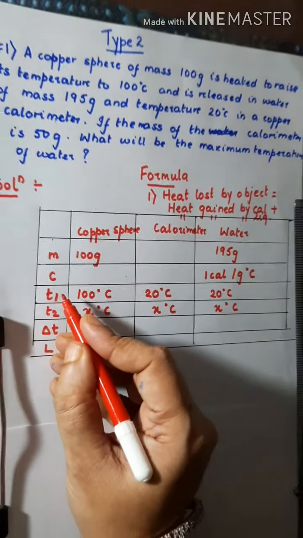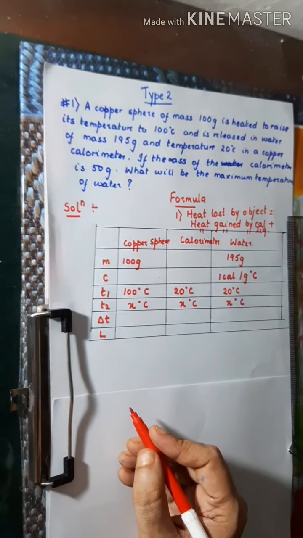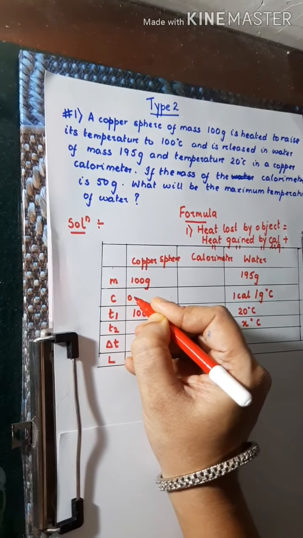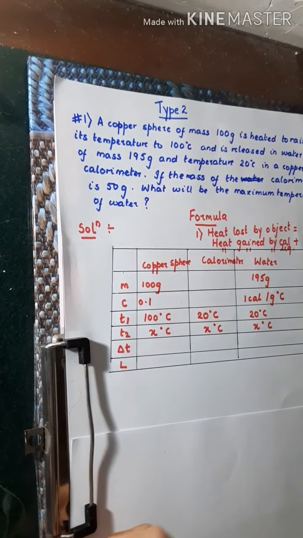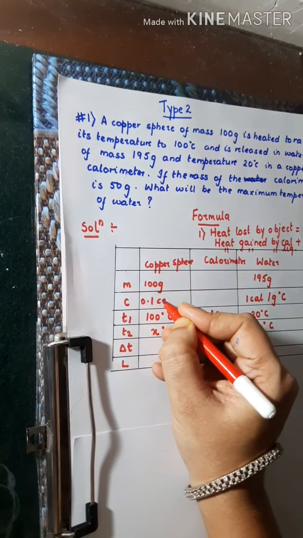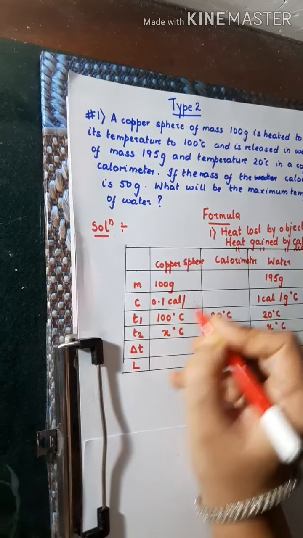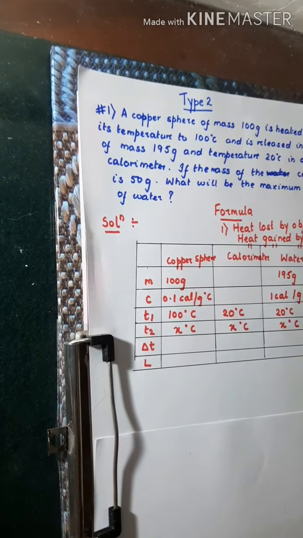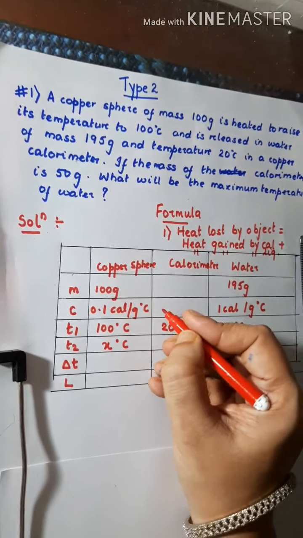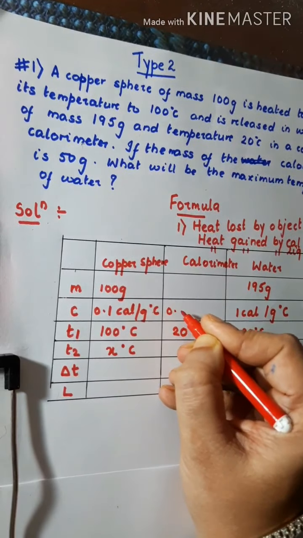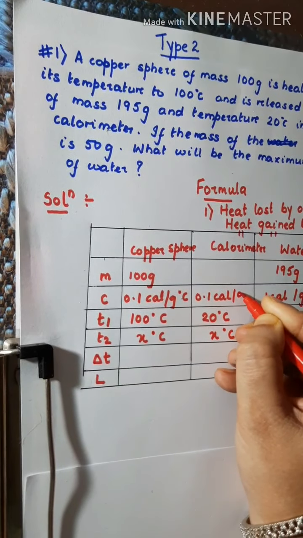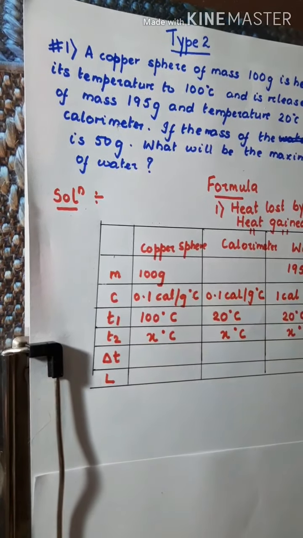Also, we should know that the copper sphere, most often they'll give it to us, but if they don't, we have to remember that it is 0.1 cal per gram degree Celsius. It is a copper calorimeter. So once again, its specific heat is 0.1 cal per gram degree Celsius.